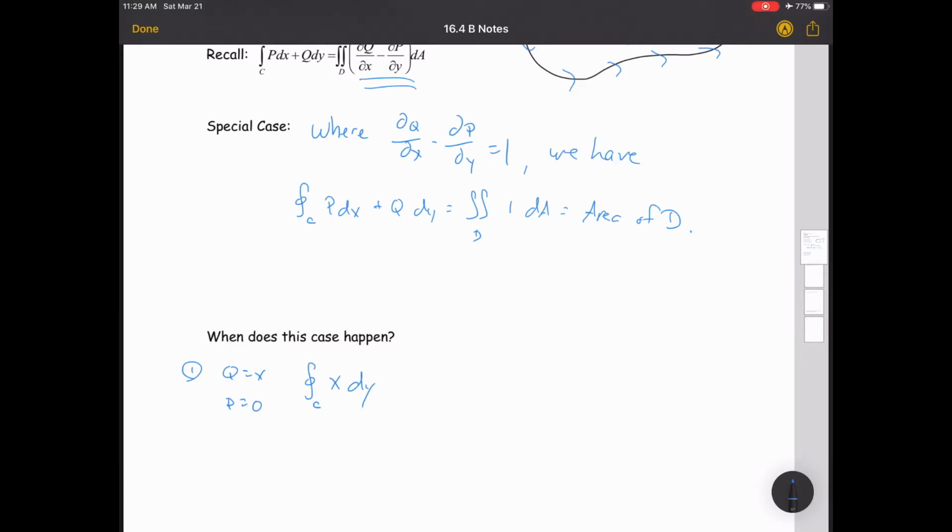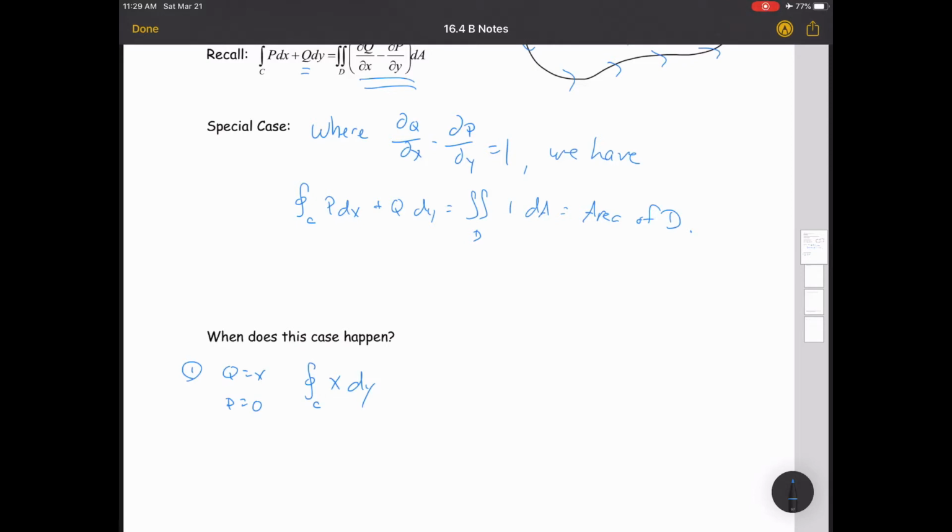If Q is x, which would be right here, and if P is 0, that goes away. dy does matter because it's in here. It's dx that doesn't matter, and the P is 0, so it goes away.